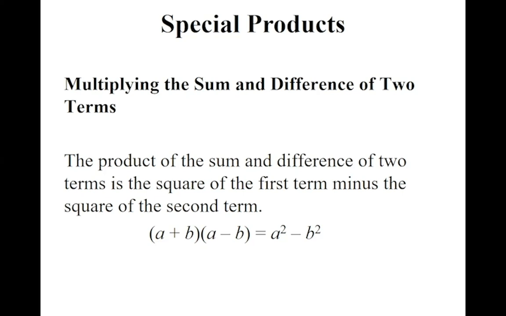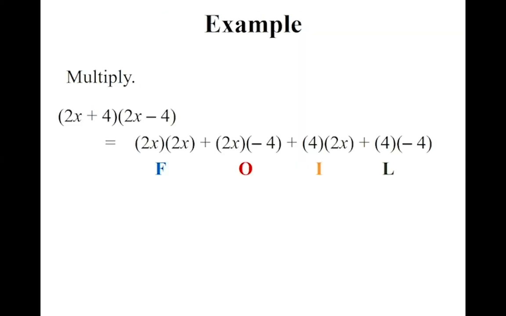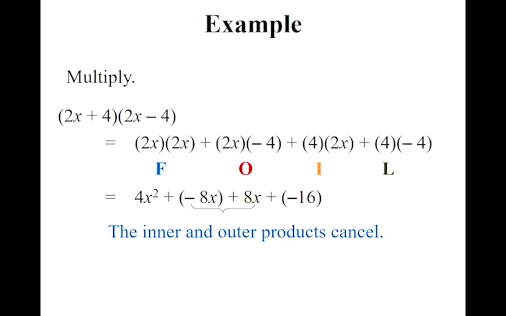And the reason it gives us a squared minus b squared is when we FOIL, the inner and outer products don't double this time. This time they cancel each other out.